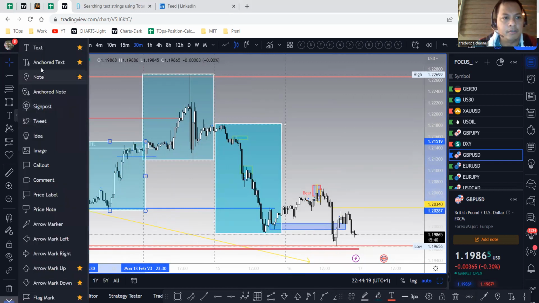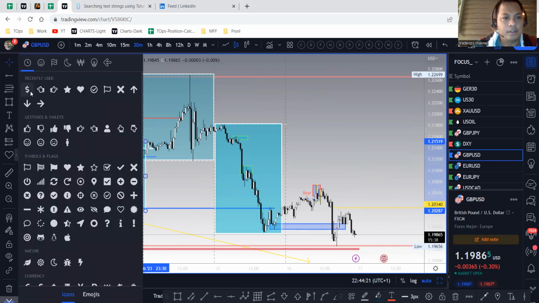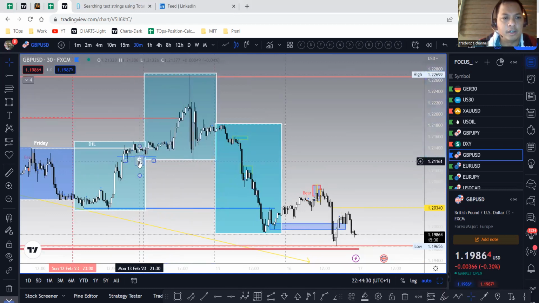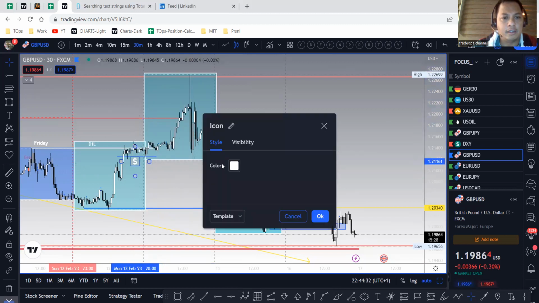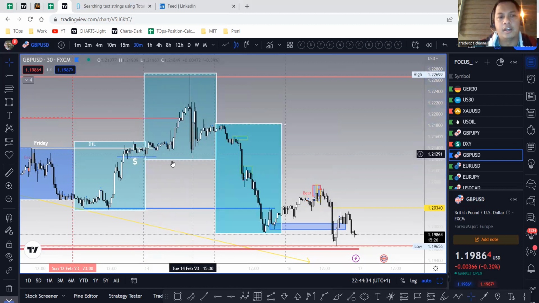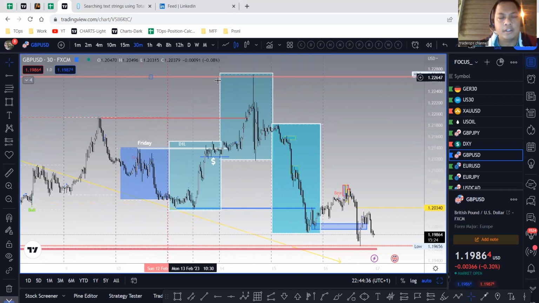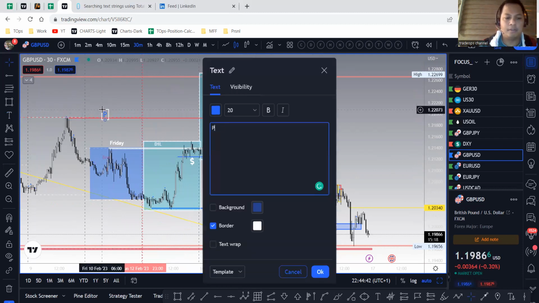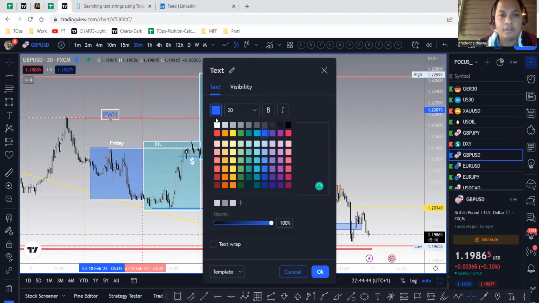So nandito yung mga breakout traders. At sa baba nitong breakout, support is liquidity. So may mga stop losses nakalagay. So breakout and then nag-break din sa previous week high. So lalagyan natin itong PWH.